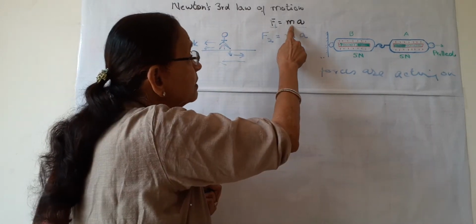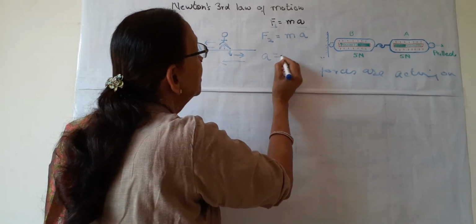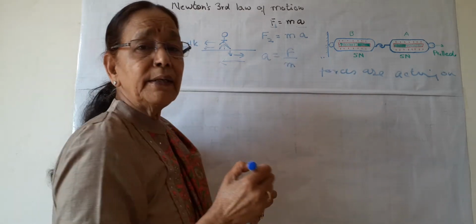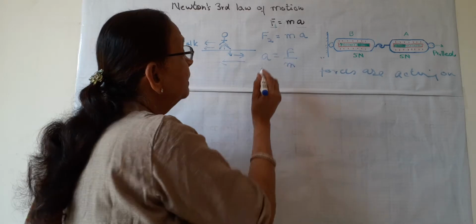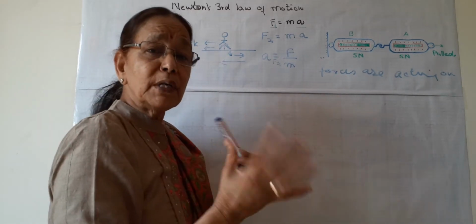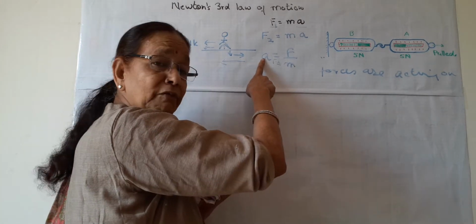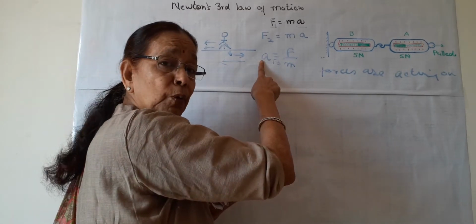You can say a is equal to F upon m. By this formula, acceleration a is equal to F upon m, so acceleration and mass are inversely proportional. If mass is more, acceleration will be less. If mass is less, acceleration will be more.